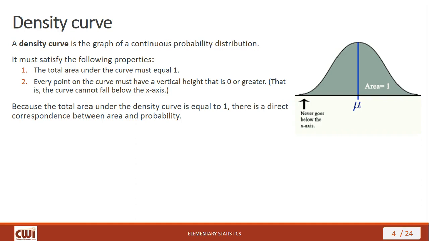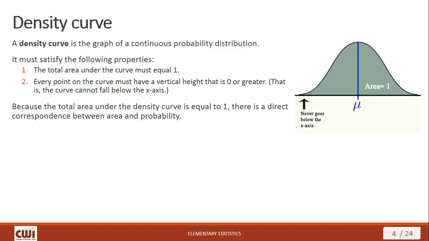But in order to be a density curve, it has to satisfy two very special properties. The first is that the total area underneath the curve must equal 1. And the second is that every point on the curve has a vertical height that is 0 or greater. In other words, you're never going to see the density curve fall below the horizontal x-axis.